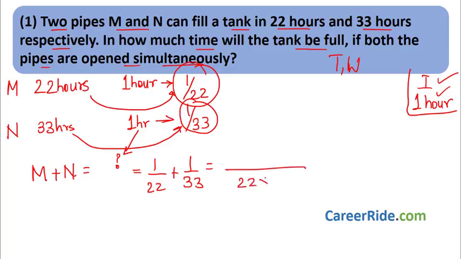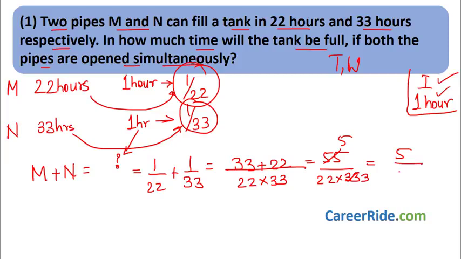We'll have 22 into 33. This is 33 plus 22. We'll have 55 upon 22 into 33. 11 5s are 55, 11 3s are 33. So that would be 5 upon 66. This is the amount of work done by M and N together in just 1 hour.